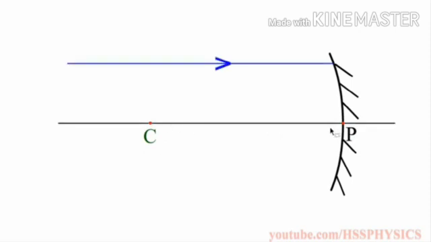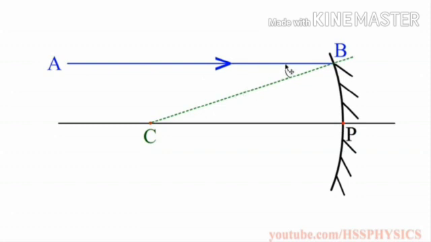CP is the principal axis. Next, consider the incident ray AB. It falls on the point B on the mirror. This CB is a normal to the mirror at the point B.